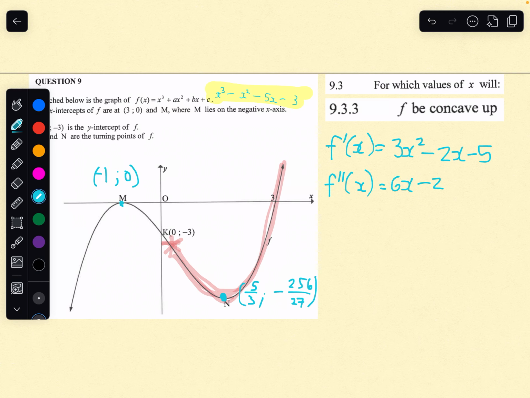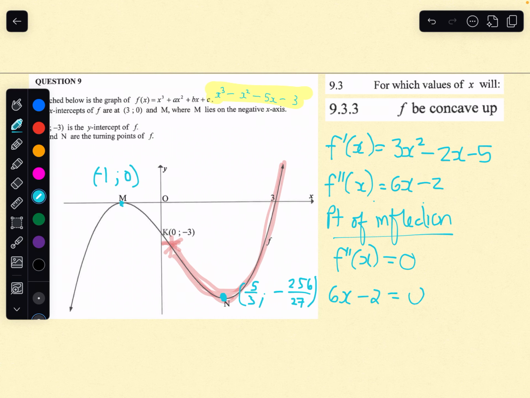And so the point of inflection occurs when f double prime is equal to 0. So we are solving the equation 6x minus 2 is equal to 0, 6x is equal to 2, so x is equal to 2 over 6, which is a third. So the point of inflection occurs at 1 over 3 and some y coordinate.